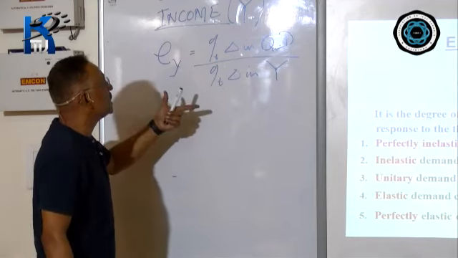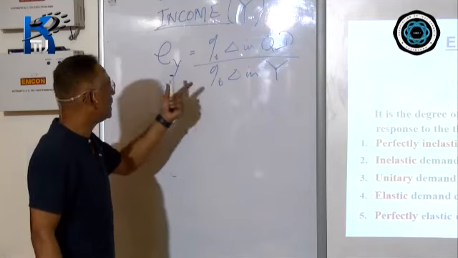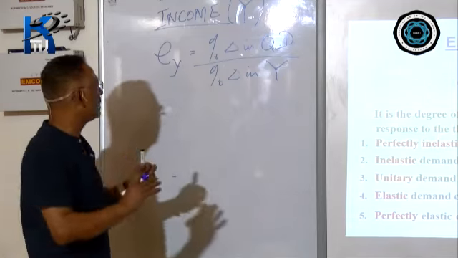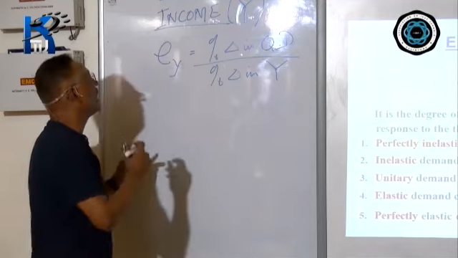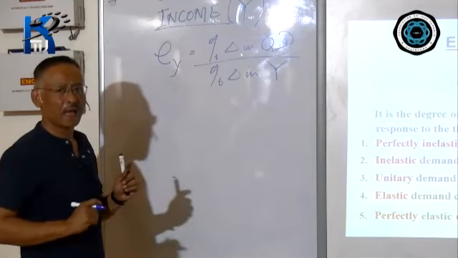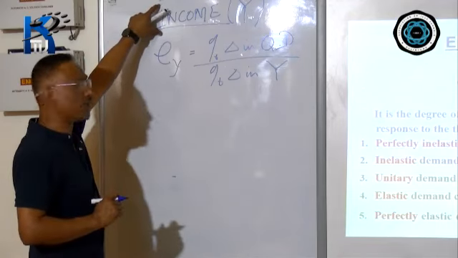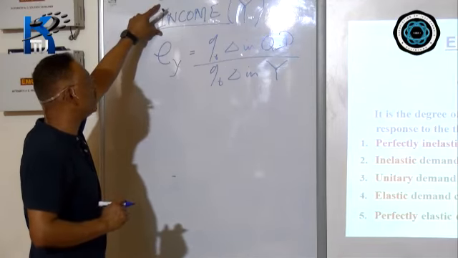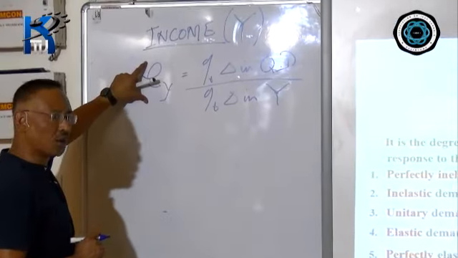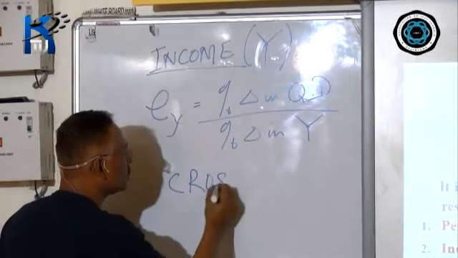How sensitive is the demand to the change in income? In this, we'll understand that there are 3 parts. We have negative income elastic demand, positive, and 0. So this is what I'm going to teach you in the next class, income elasticity of demand, where this is your formula. Then I'm going to teach you cross.